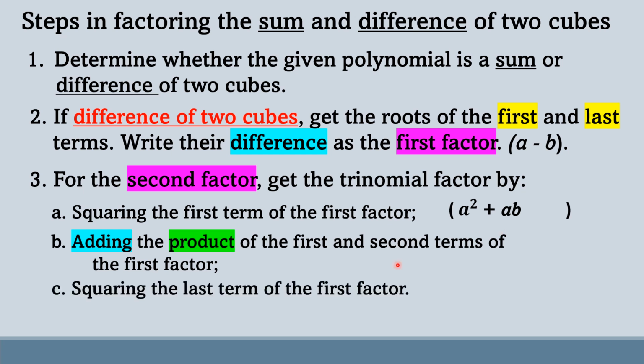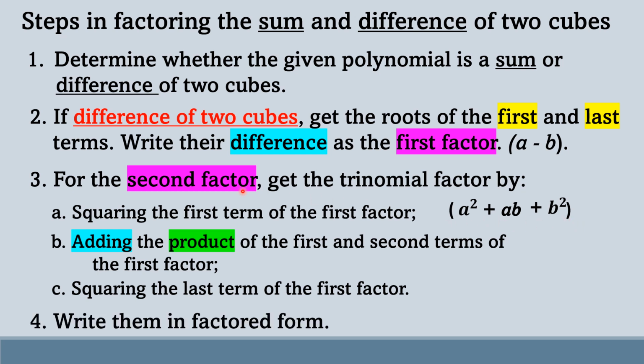Next, we have squaring the last term of the first factor. The last term of our first factor is B, so we are going to square that. That will become B squared. So this will now be our second factor.